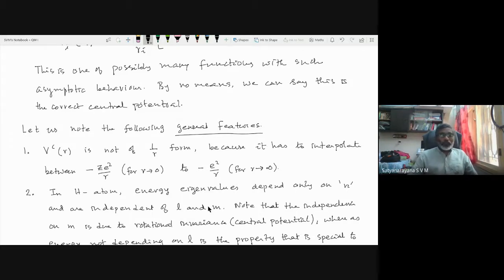So that is the first conclusion because of the form of this potential.